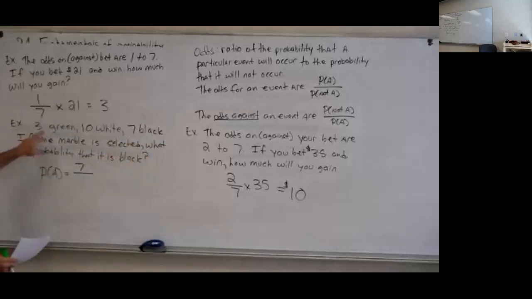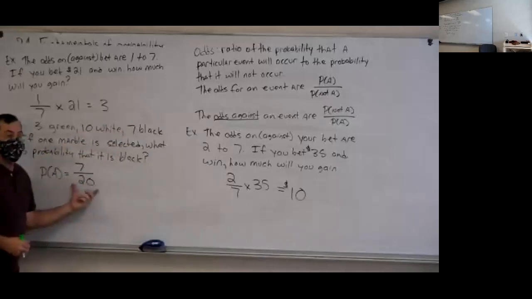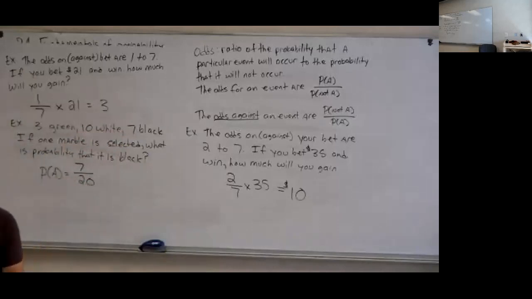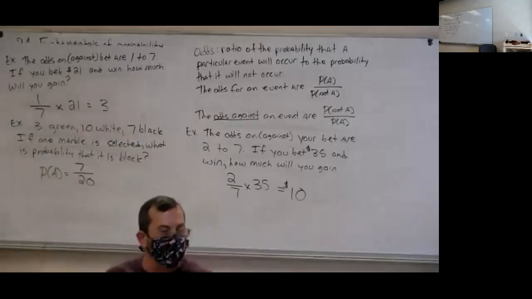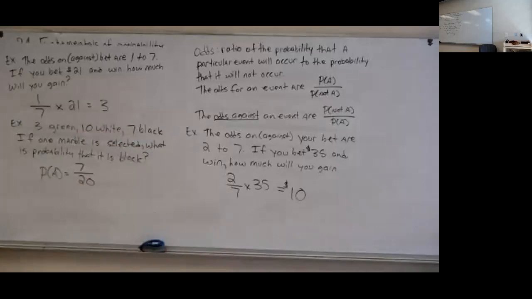So all marbles, I got 3 plus 10 is 13, plus 7 is 20. 7 over 20 doesn't reduce, so I got a 7 over 20 chance of mine being a black marble. So yours would be the same way. How many of whatever color they're asking for? 9 green marbles. So you got 9 divided by how many total marbles did you have? Looks like you had 20 total ones too. So 9 over 20, that's it.